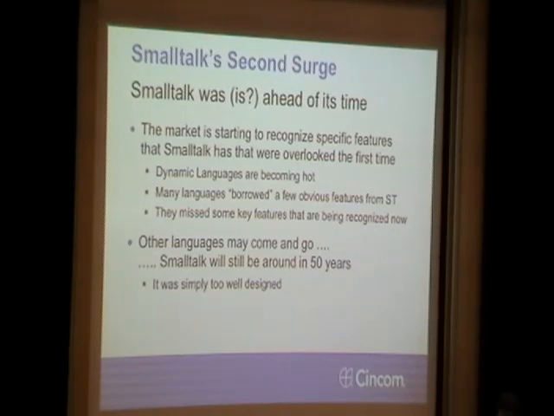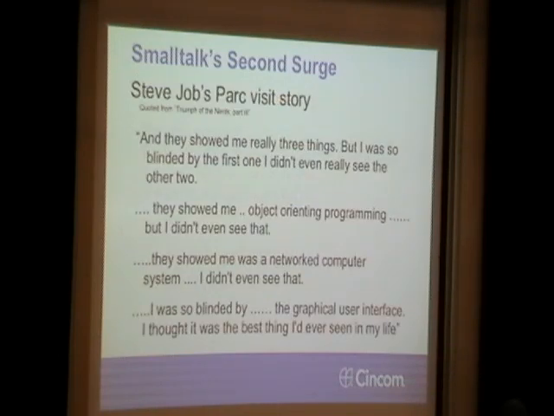So what are those? And as I mentioned, I fully expect in 50 years, Smalltalk will be around. It's simply too well designed. An analogy I like to tell is the story about when Steve Jobs visited Xerox PARC.